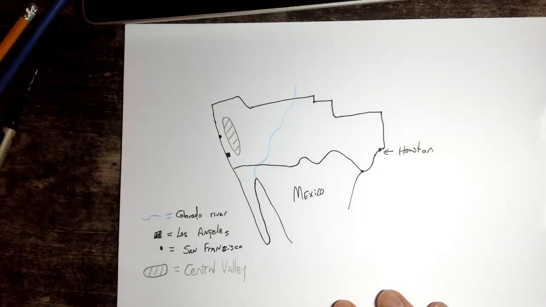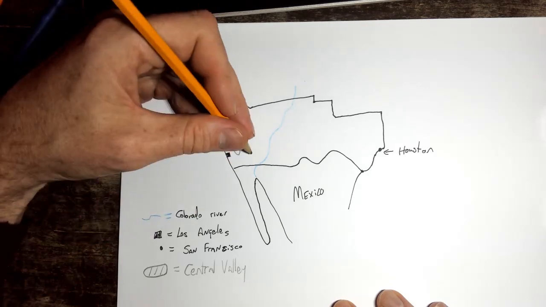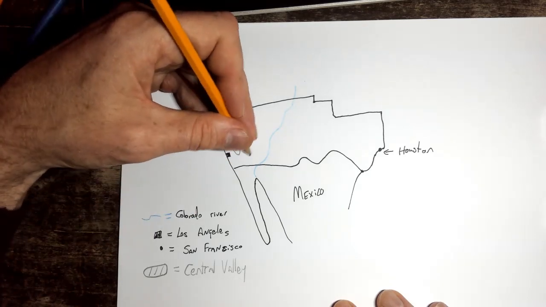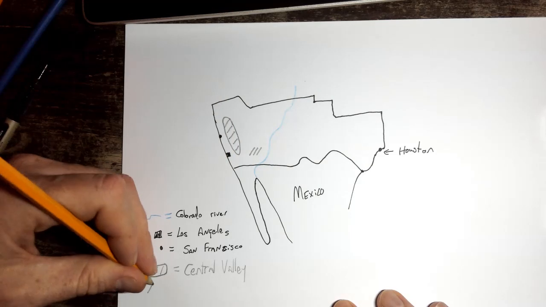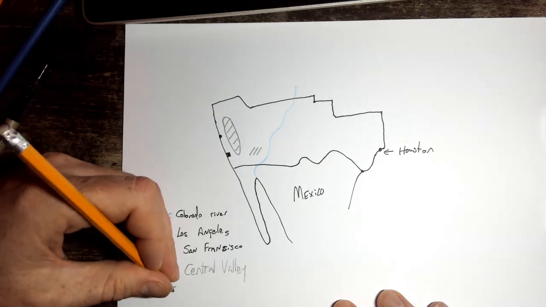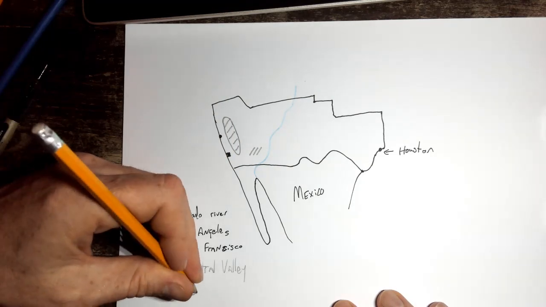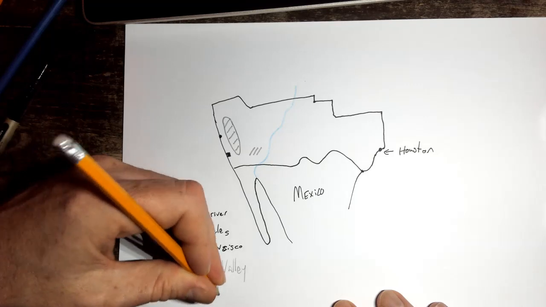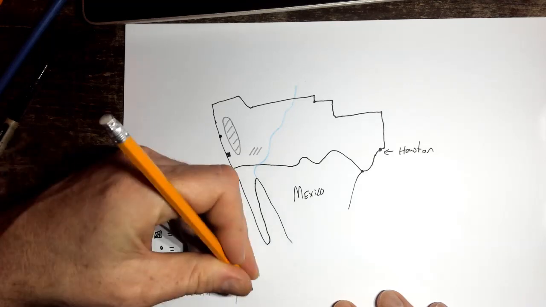If you wanted to put in a different feature, you could go along here and maybe do a little shading and call that Death Valley Desert.